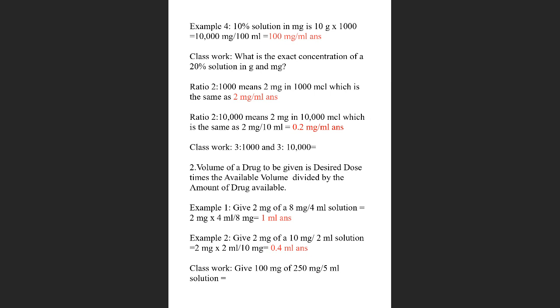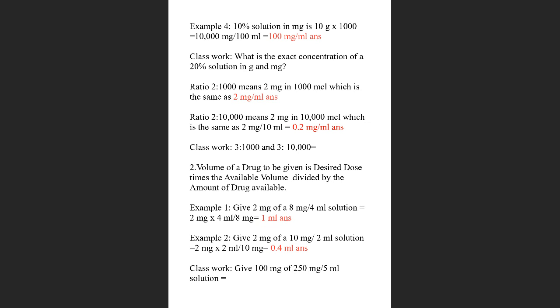The desired dose is 2 milligrams. The available volume of fluid is 4 mils. So it's 2 milligrams times 4 mils, and the available drug is 8 milligrams. So it's 2 milligrams times 4 mils divided by 8 milligrams.